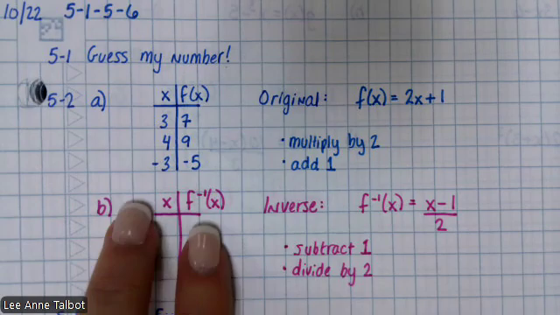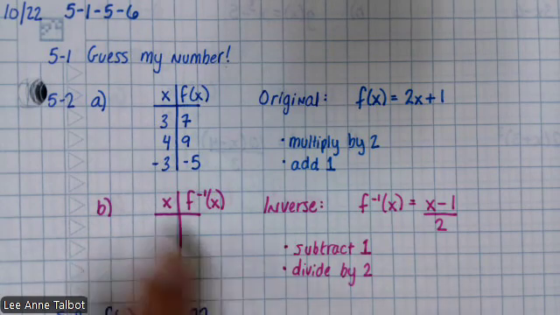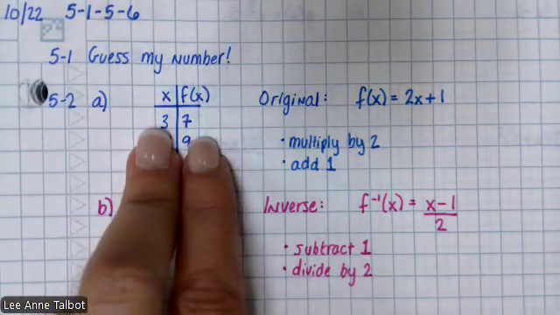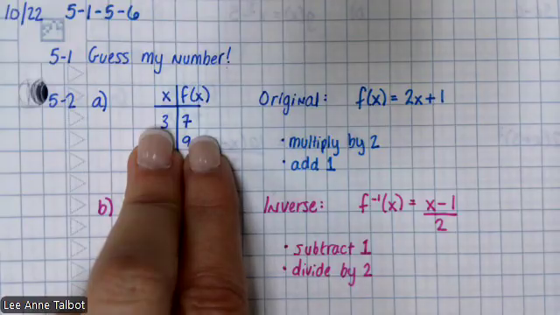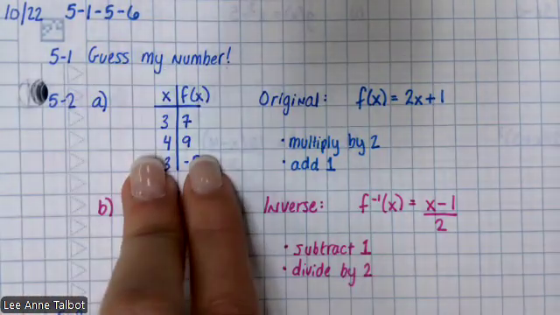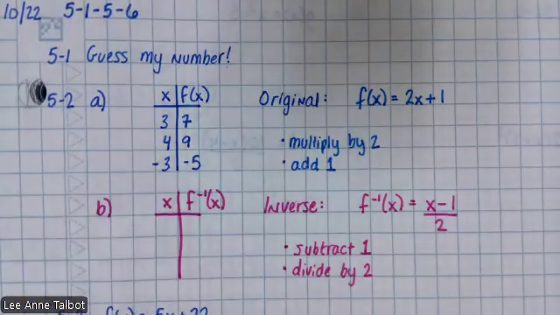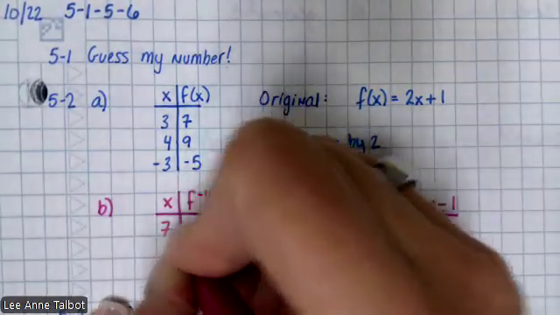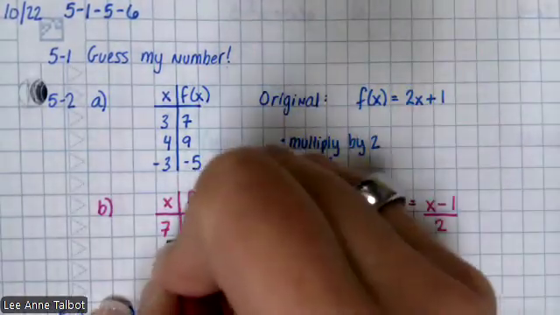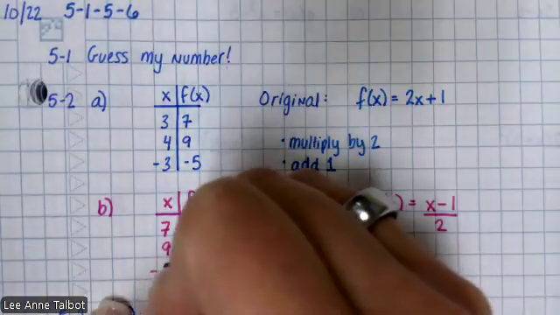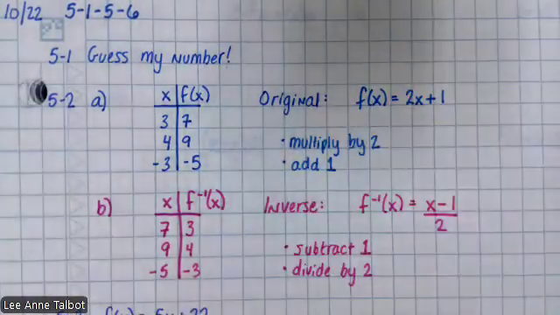Okay, now what about the table? The original table, this is the best part of this chapter right here. The original table and the inverse table are just flips. Everyone always gets that right.